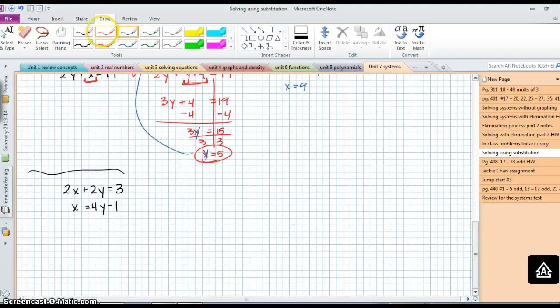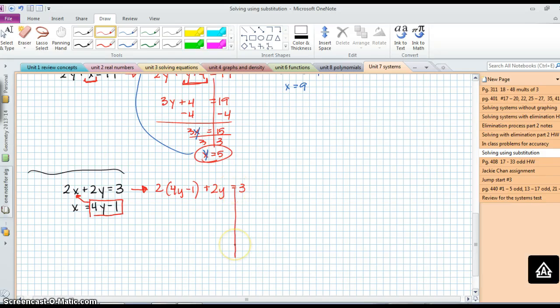Last one. The bottom equation this time says that x equals 4y minus 1, which means pitch the x out of there and replace it with 4y minus 1. The equation becomes 2 times x, but instead of x, put in 4y minus 1, and then keep writing the equation, plus 2y equals 3.